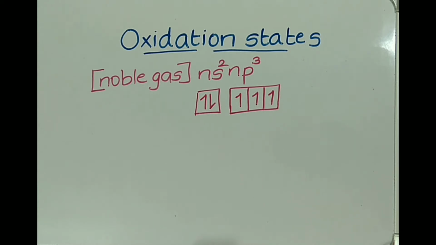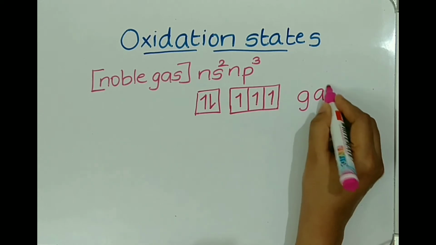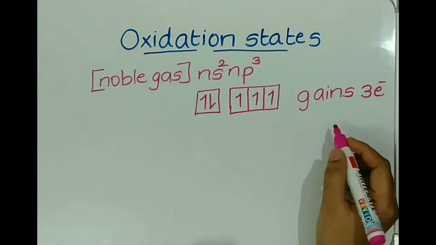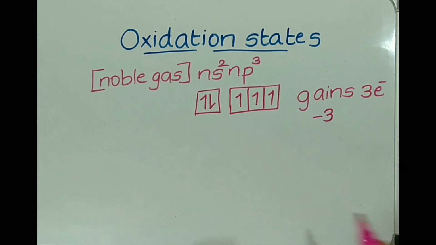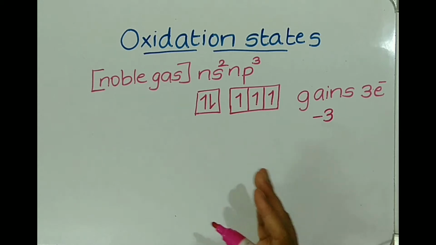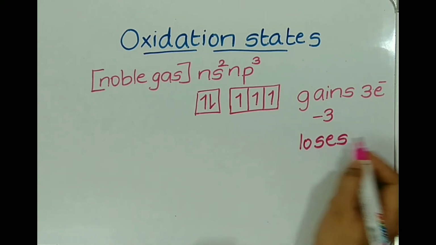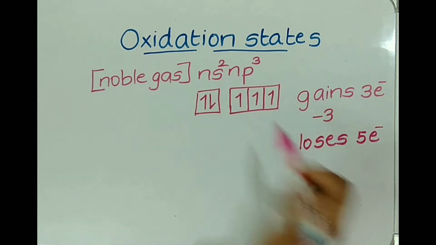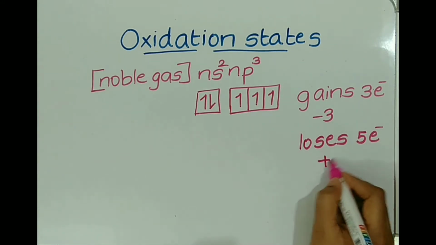So if the element gains 3 electrons, then the oxidation state of that element will be -3. If the element loses 5 electrons, that is from the valence shell, 3 plus 2, 5 electrons it is losing, then the oxidation state of that element will become +5.